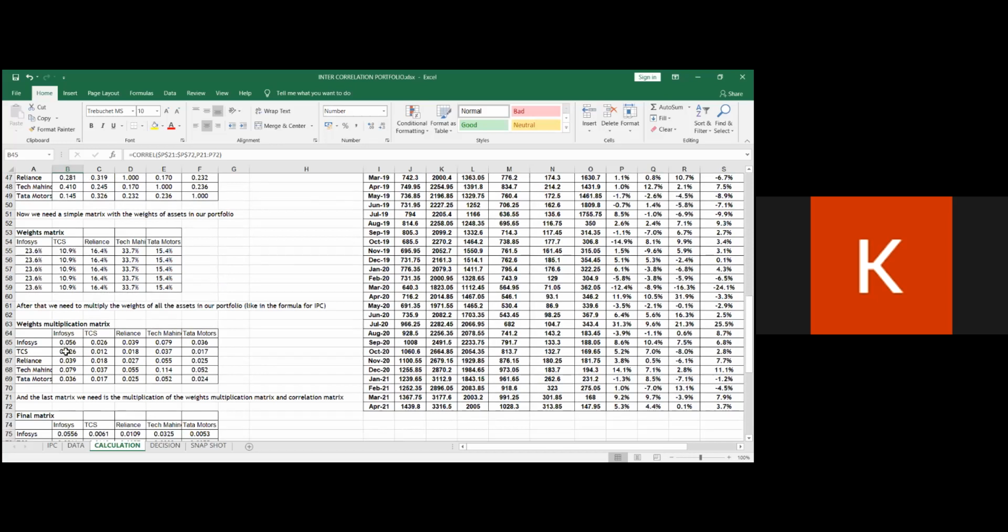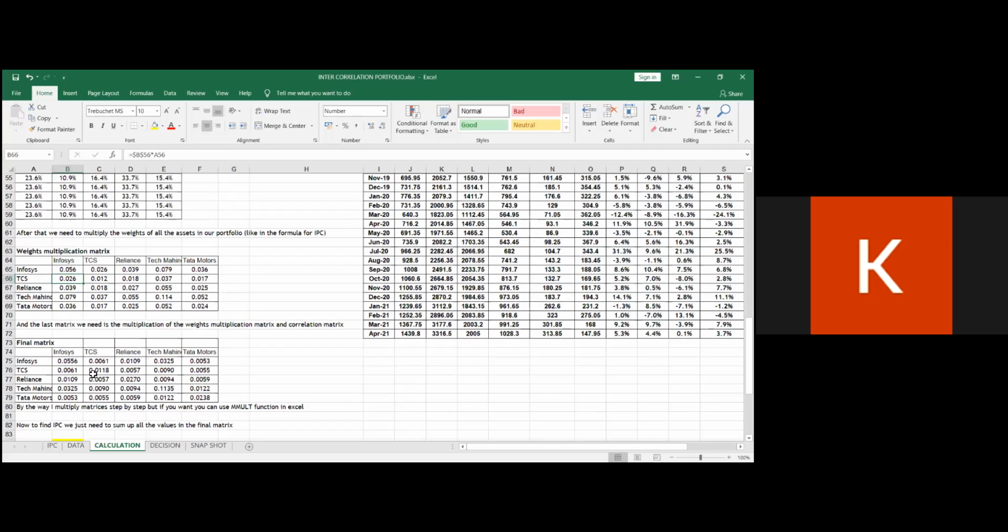For the weight multiplication matrix, we have this formula. According to this formula, I have calculated for 5 companies. Next one is the final matrix.